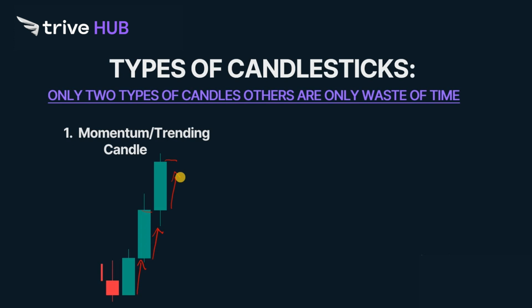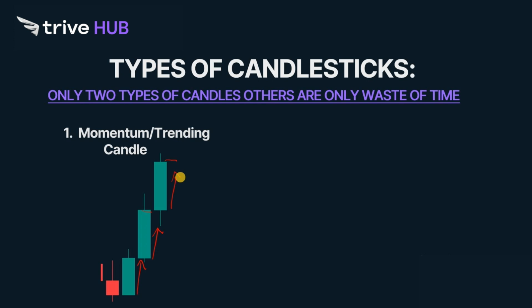The buyers have pushed the price consecutively. In each candle they have pushed the price higher and higher without any waste of time or anything. So it shows a strength in buying. That's why we call them momentum, because it has created some kind of momentum in only one direction, which is upside.